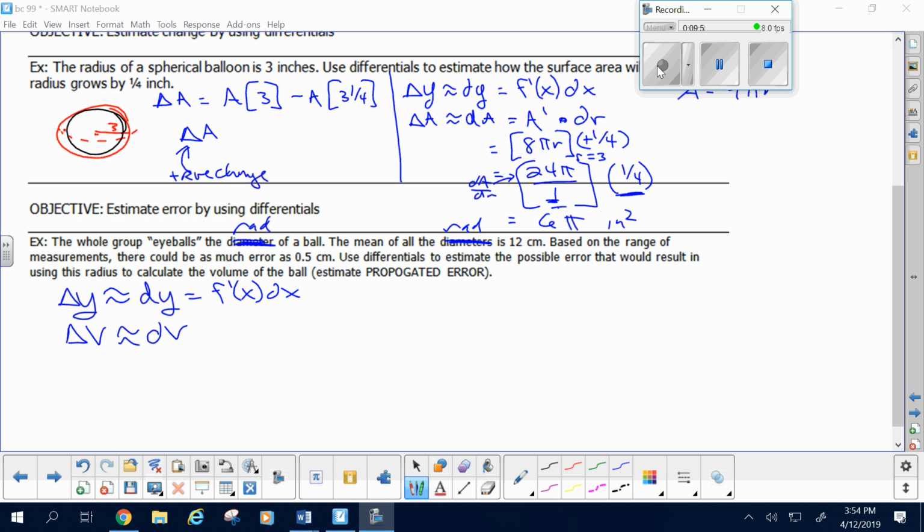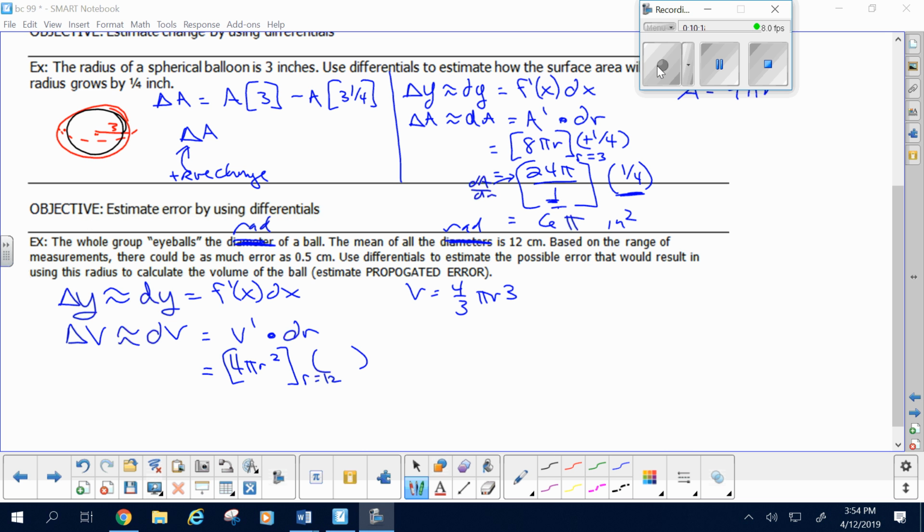Now dV would be V prime times changes in the radius. Now we start making that calculation. V prime, given that volume is 4/3 pi r cubed, V prime is 4 pi r squared. We do that at the initial value of an r of 12.